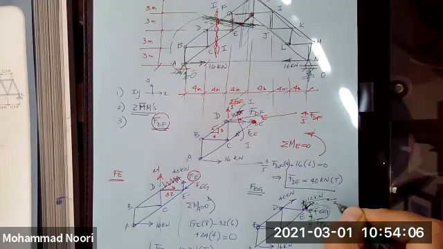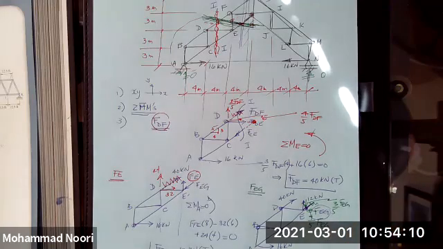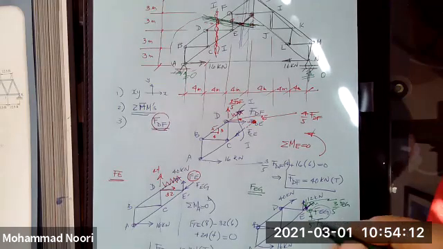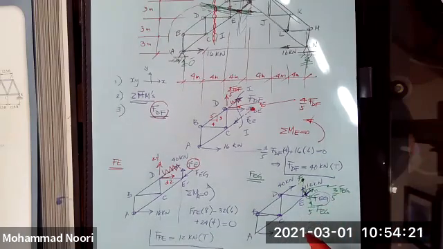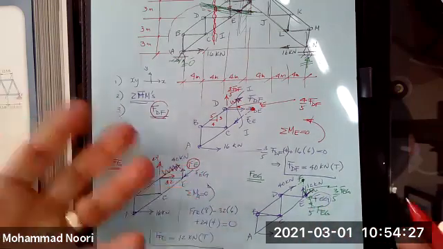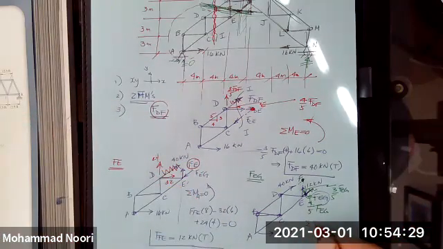This one is 3/5 of FEG. If I continue this, they cut here at point F. So instead of writing summation of forces along X or Y, which has more terms in it, I would take summation of moments about F equal to 0.